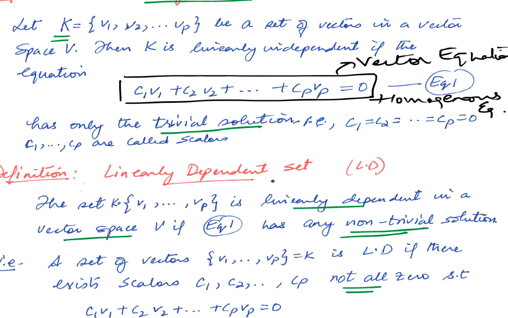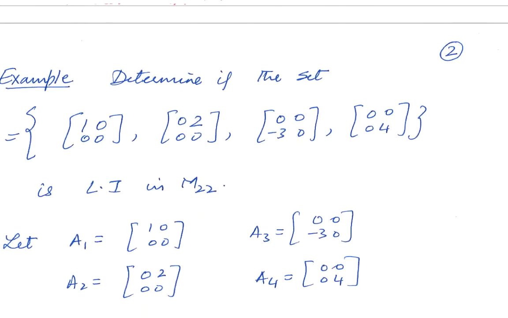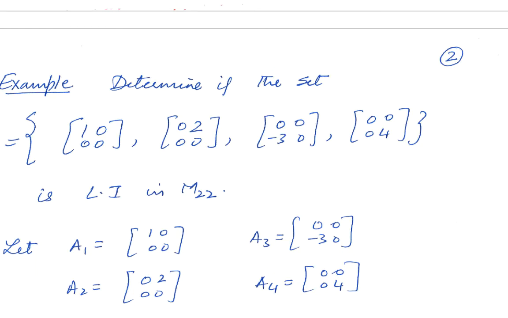Now we need to do some examples. The only thing to remember is that these examples will be coming from vector spaces. In other words, the vectors we will be applying are coming from a vector space. So let me look at this set. Each of these elements is an element of M22.